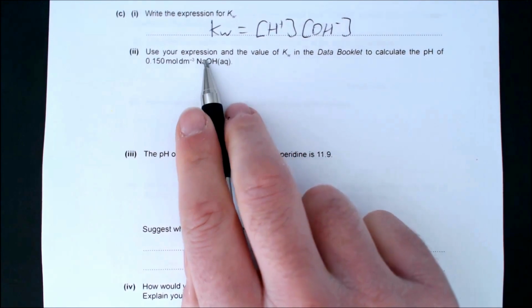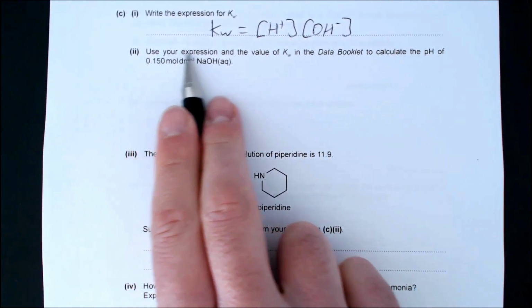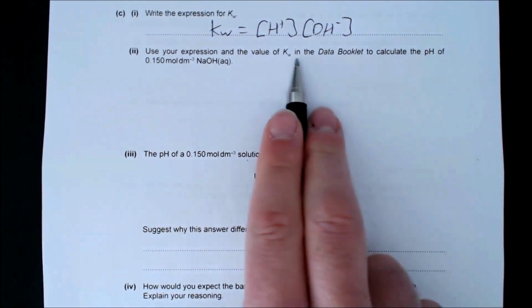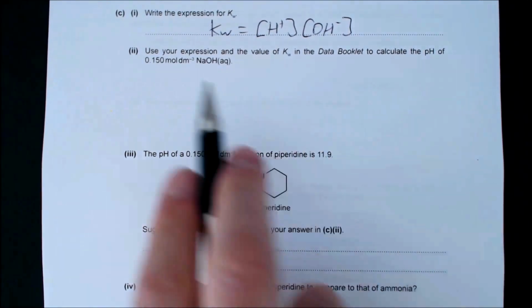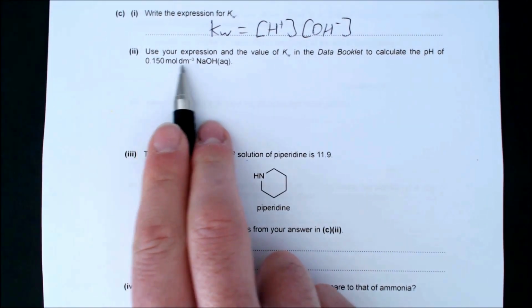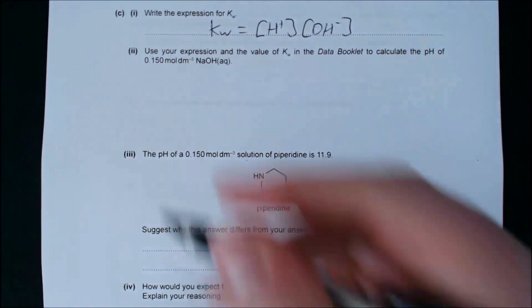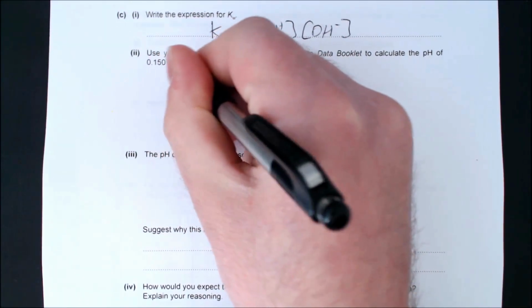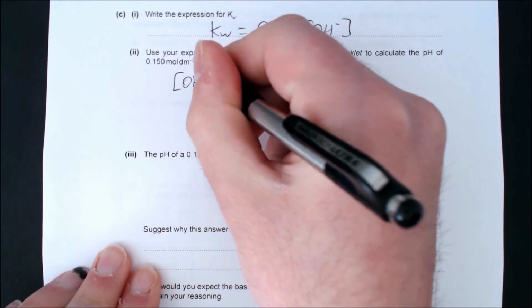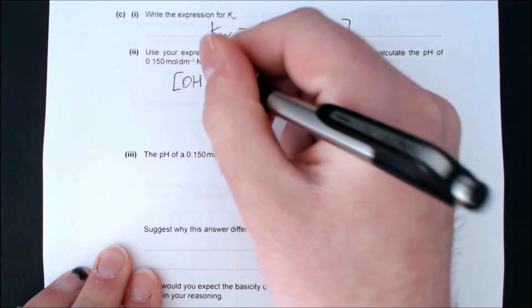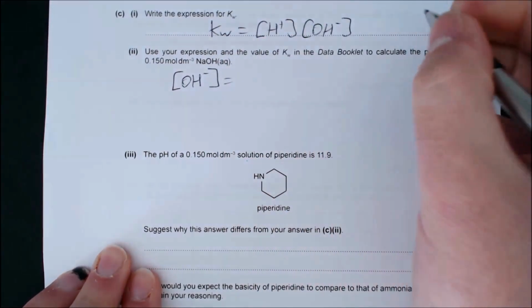And then it says use the expression and the value of Kw, well here we go, in the data book, to calculate the pH of 0.150 moles per dm cubed sodium hydroxide, which is aqueous. Right, so what we're going to do is take the concentration of the hydroxide ions.